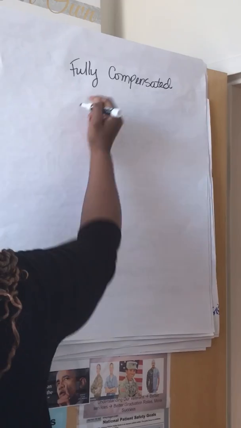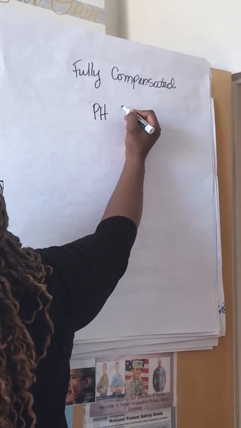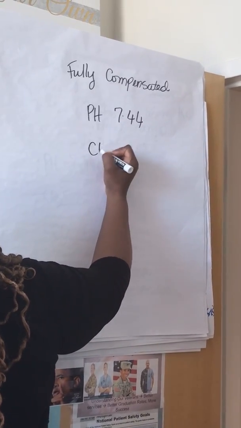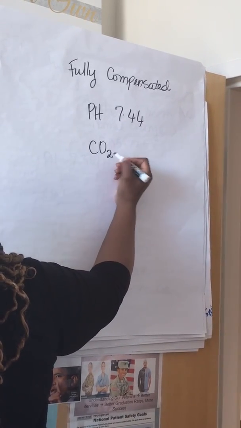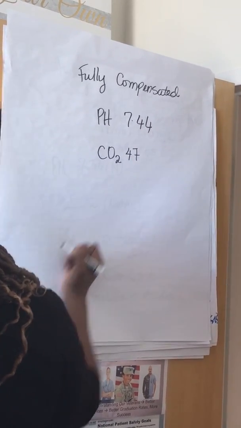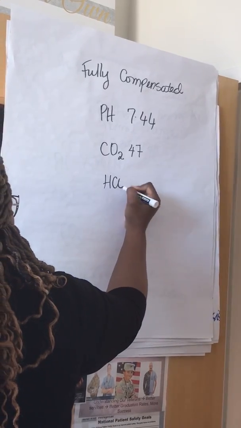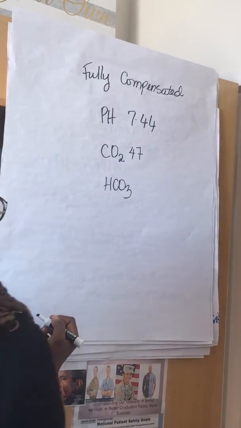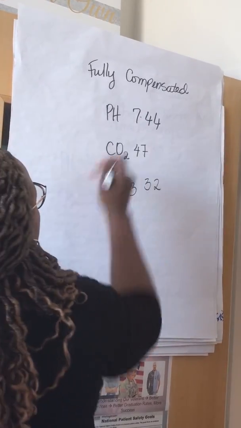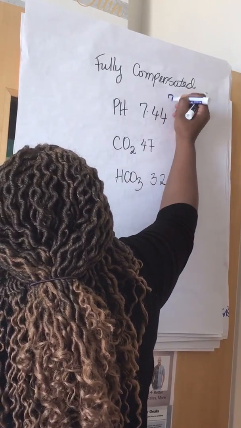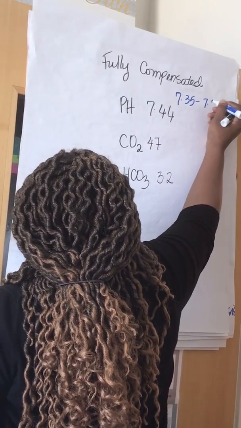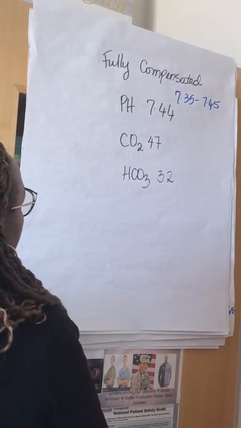So we're going to have a pH of 7.44, CO2, maybe 47, and bicarbonate, we're going to have a bicarb of 32. So this is normal, but it's normal on the higher range. So we know it used to be an alkalotic problem, because normal is 7.35 to 7.45. So that's normal.